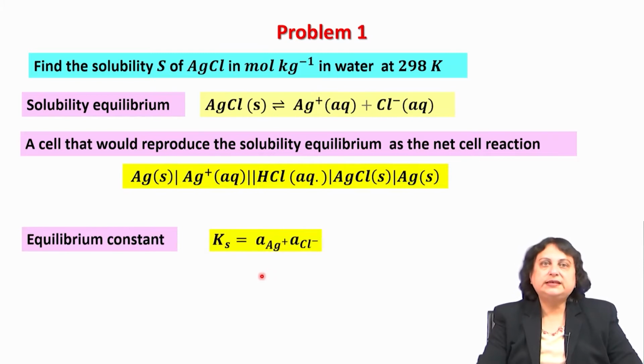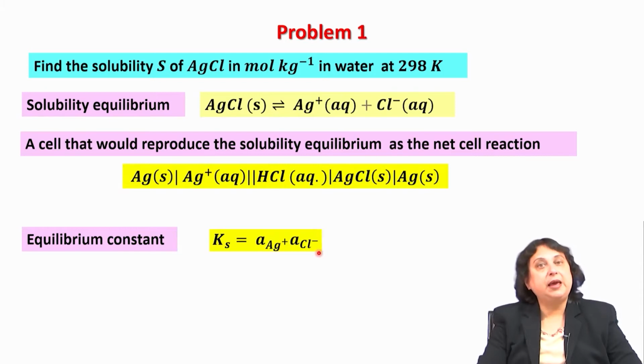And what I know is the equilibrium constant for this solubility equilibrium will be given by the activity of the Ag plus ion in the aqueous medium multiplied by the activity of the Cl minus ion in the aqueous medium. But here that is not going to help me too much.